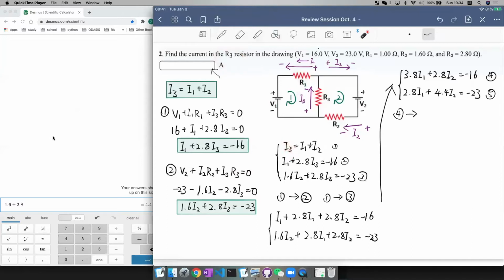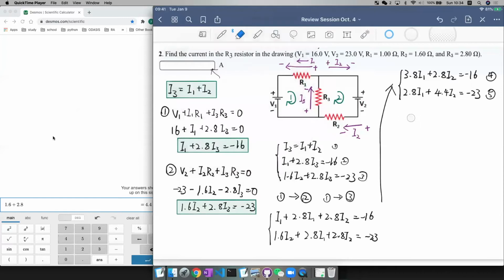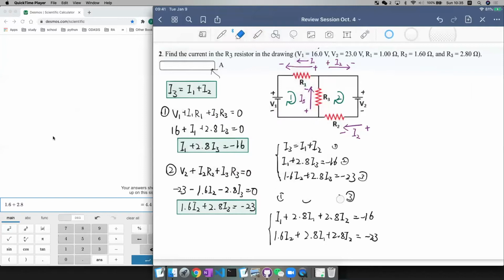I shouldn't do this. Oh my god, you guys should be very careful about this. I have to erase this because I canceled out my final answer at the first step. So I shouldn't. These are all wrong.